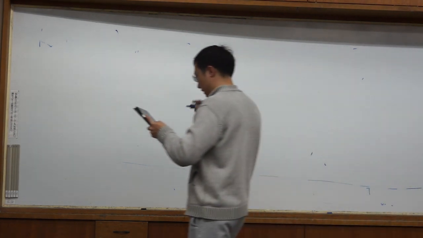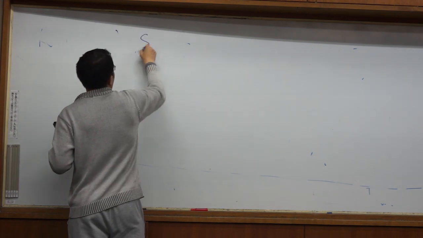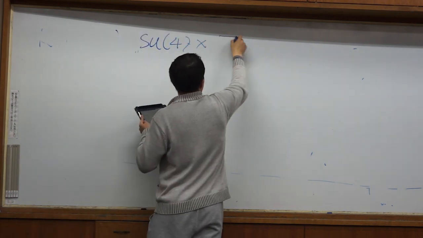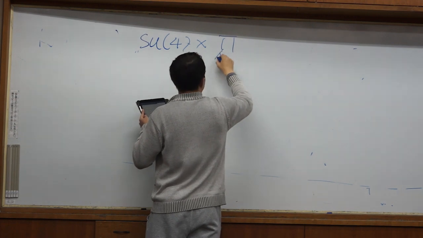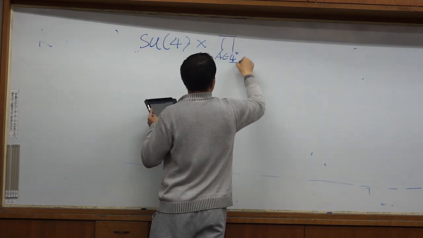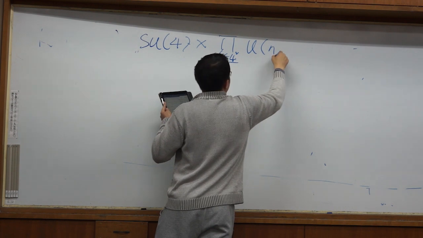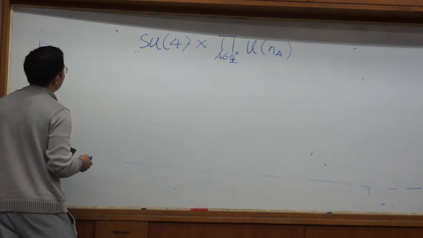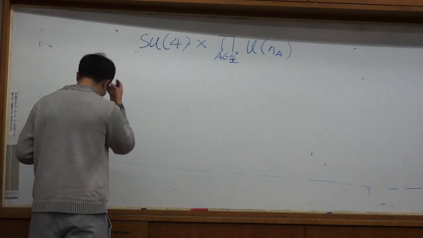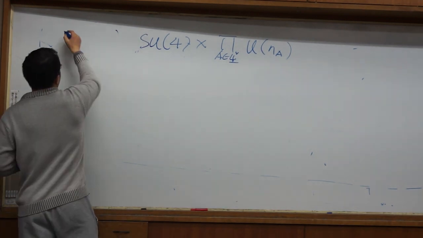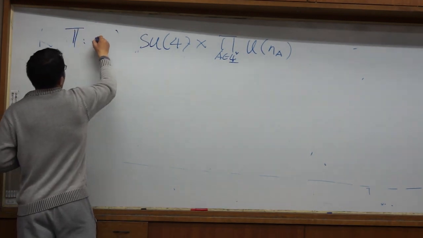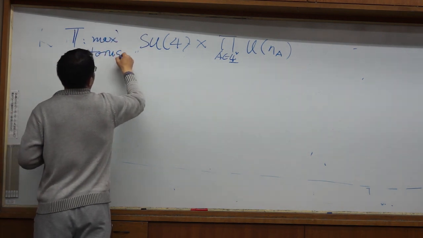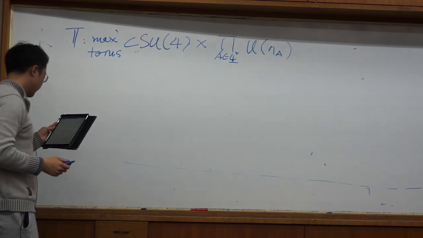So roughly for this configuration, we have SU(4) times this symmetry acting on our low energy effective model, and let T be the maximal torus of our symmetry group.